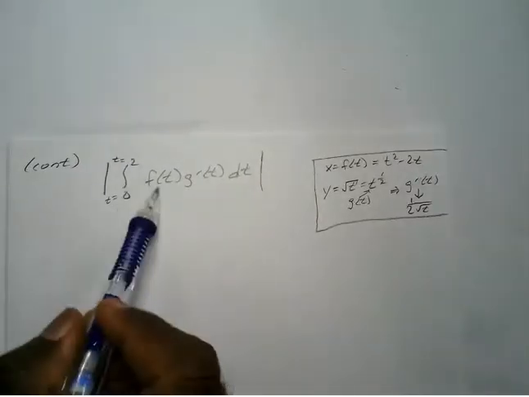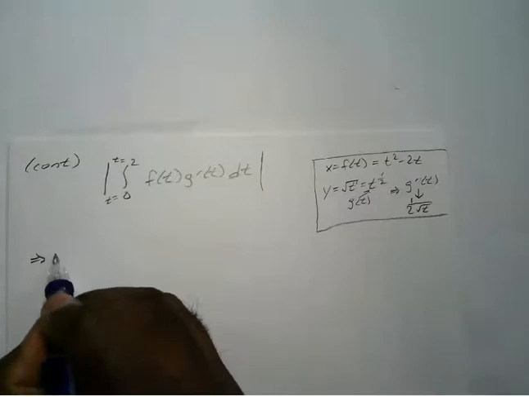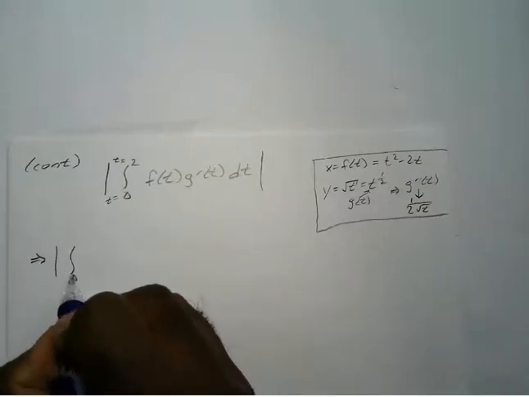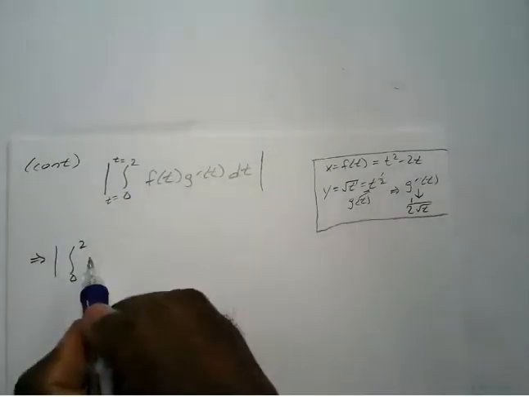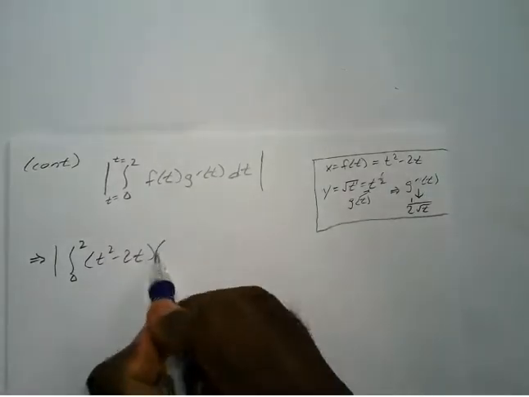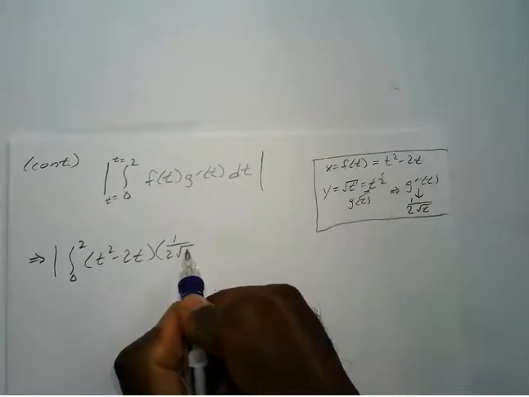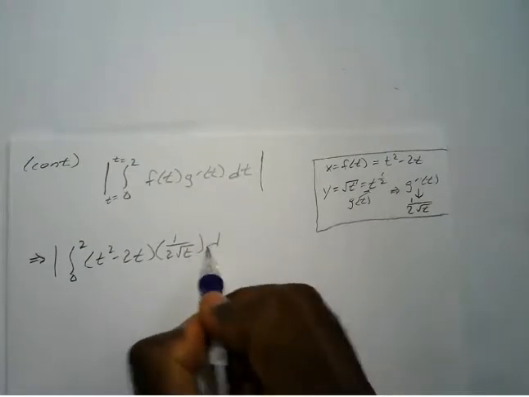All right, so we go ahead and plug all of that in. We have from 0 to 2, t squared minus 2t times 1/2 square root of t dt.